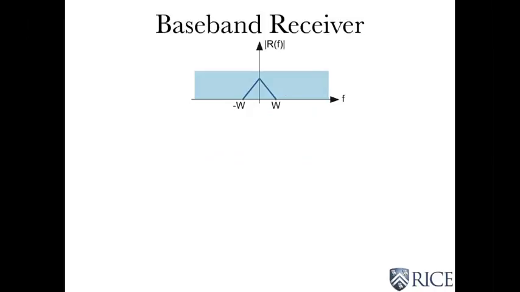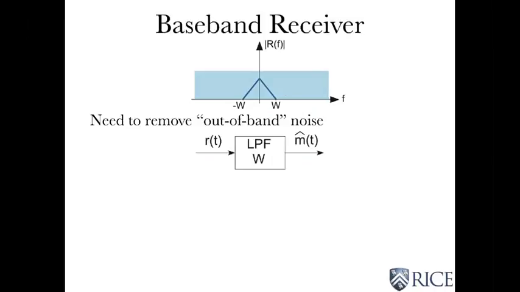So in most receivers, the first thing they do is remove what's called out-of-band noise. It's out of the bandwidth of the transmitted signal. So in this case, since we're doing baseband, we low-pass filter. This is called front-end filtering.